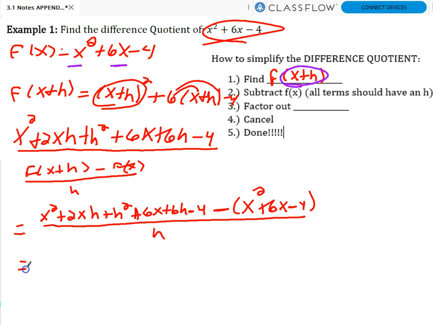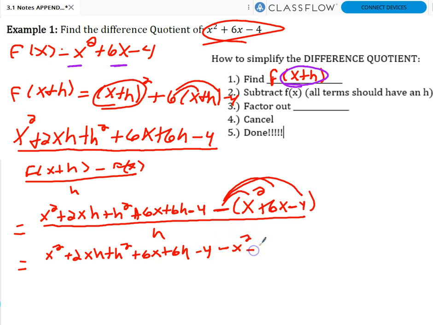Right, so this just gets some nasty algebra. So we distribute this through. So it'll be x squared plus 2xh plus h squared plus 6x plus 6h minus 4, and then all of the signs are going to change back here, and this is going to be all over h.